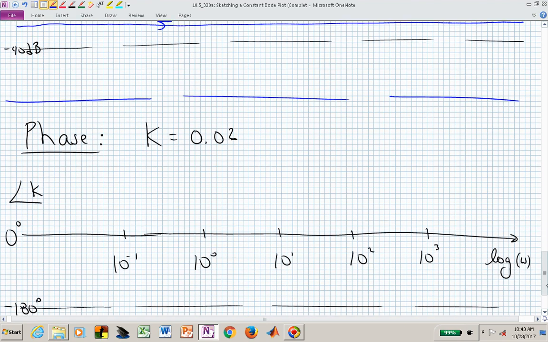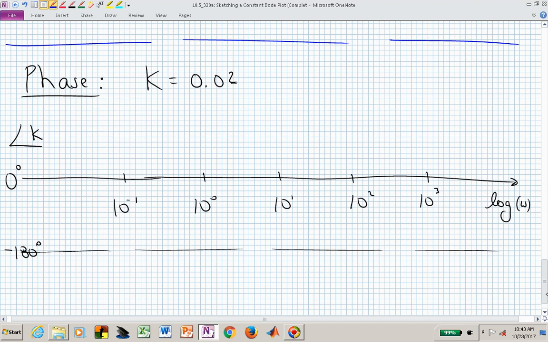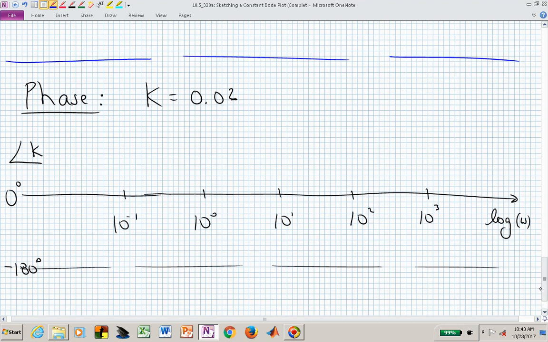The phase is even easier because now, as we said before, since this is k equaling 0.02, the angle of k is now the angle of 0.02, and if we wrote that in polar form, that's 0.02 at an angle of 0 degrees, so this is now 0 degrees for all omega.